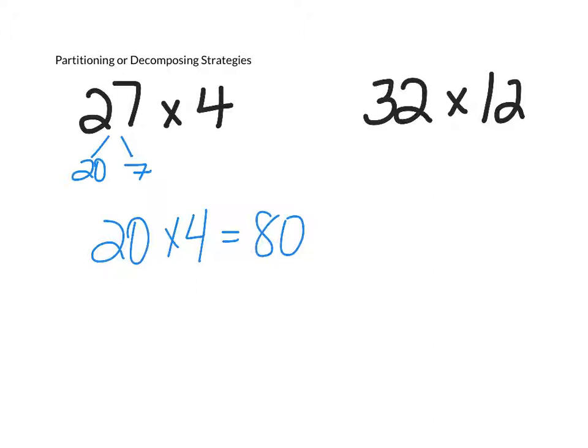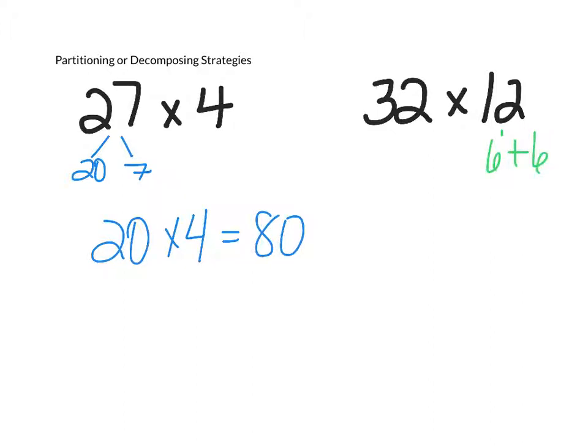But another way that we could think about it, erase some of this here. Another way some students might think about this would be that 12 is 6 plus 6, or double 6.